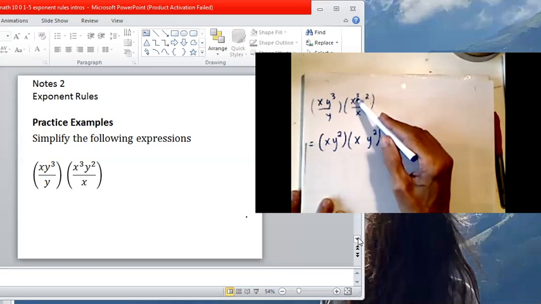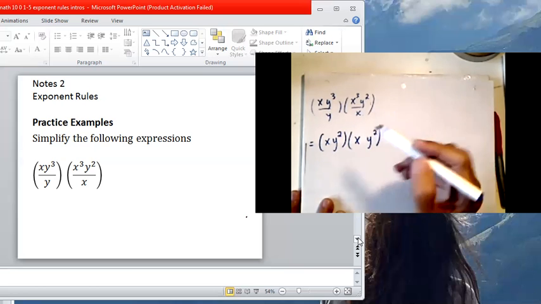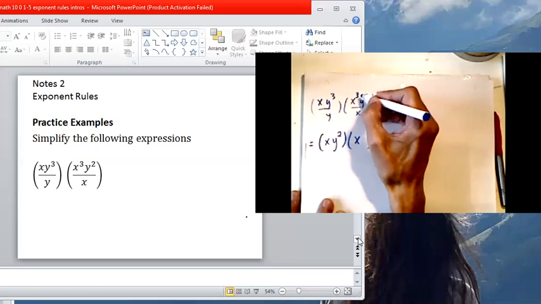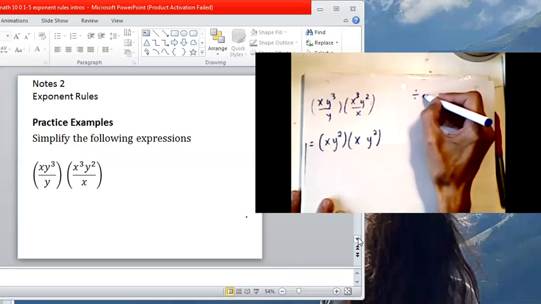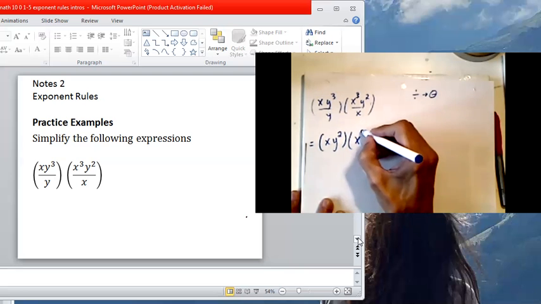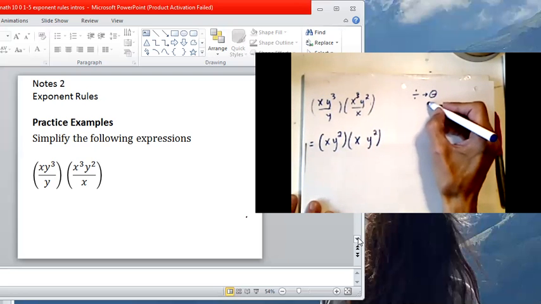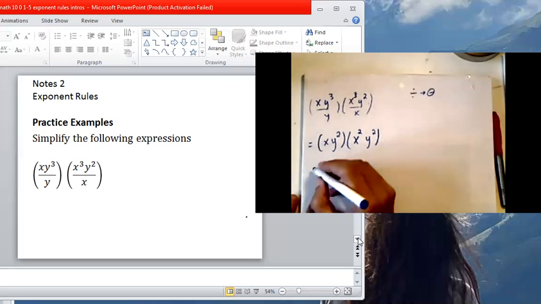But we have x to the 3 divided by x to the 1. So what happens with the 3 and the 1? Because we're dividing, we subtract. So x to the 2. Perfect. x to the 2, y to the 2 like that, and then y to the 2. Nice.